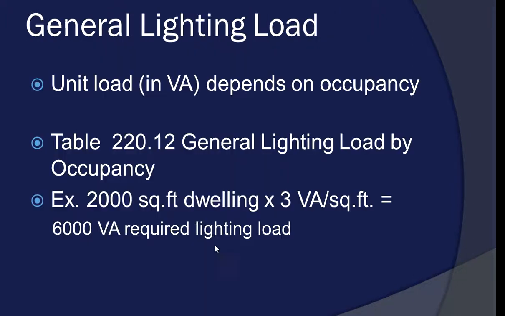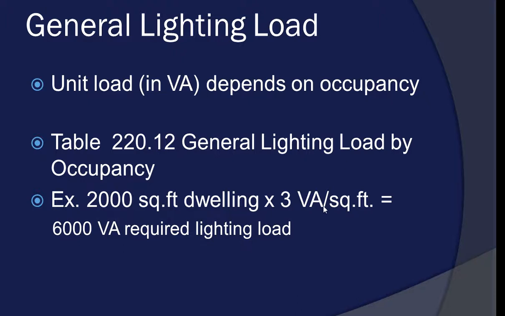The general lighting load is based on a unit load in units of VA or volt amps, and the amount is dependent on the occupancy. We find those measurements at table 220.12 under general lighting load by occupancy.